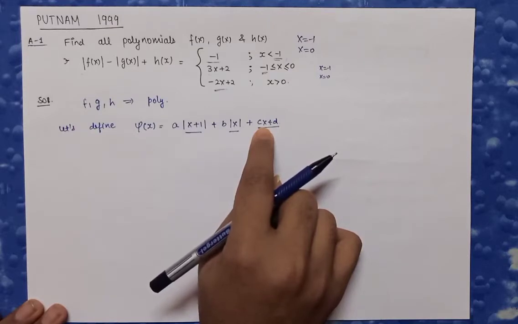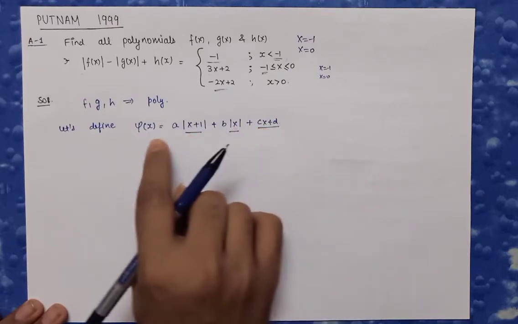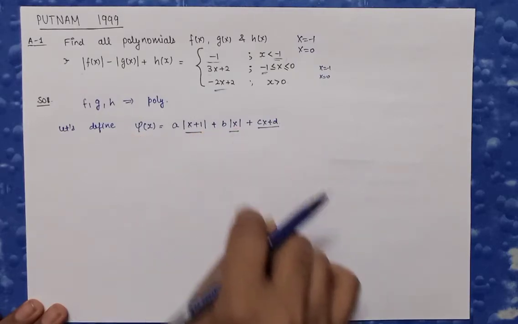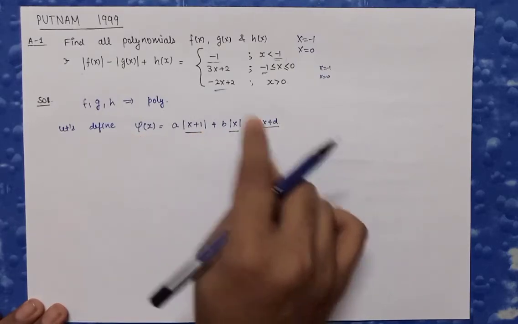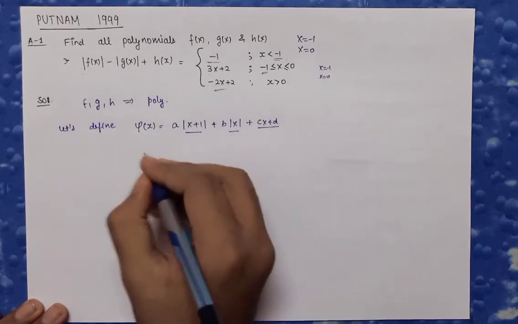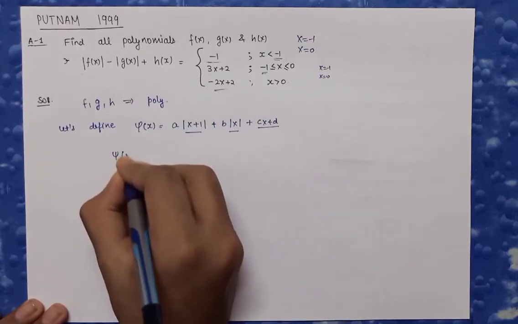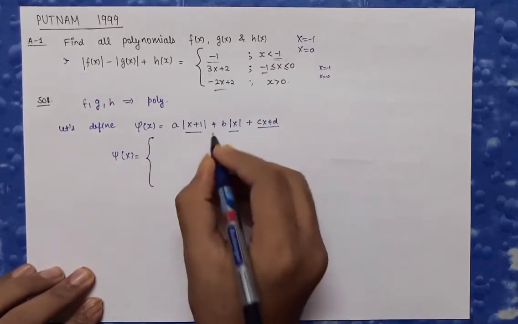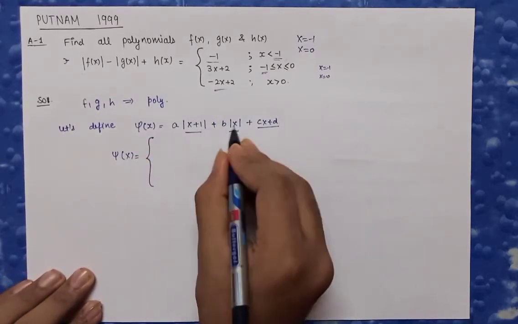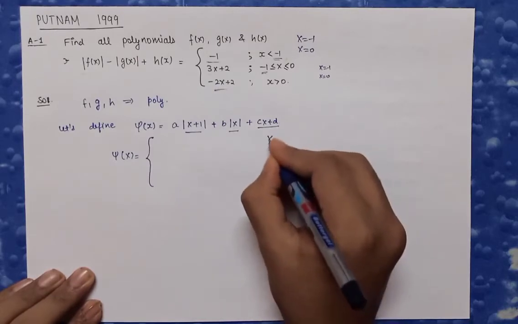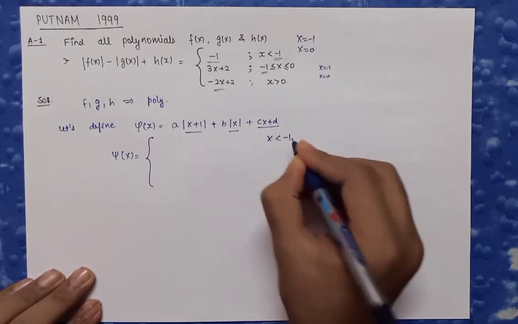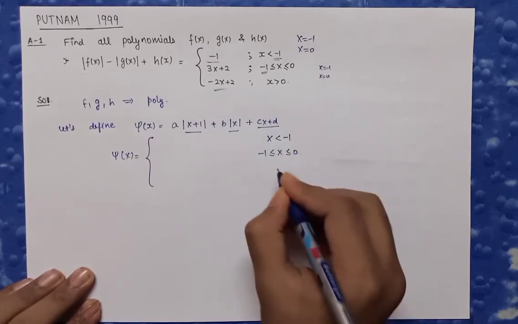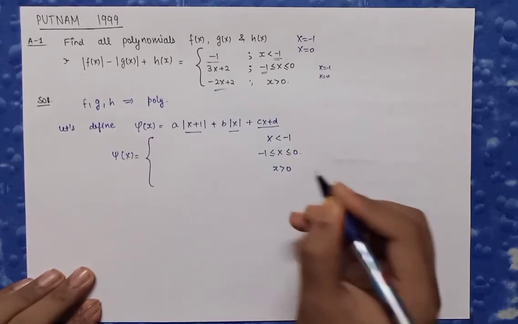So now what we have to do is simplify xi(x) in different intervals, and then we will compare with the given equation. We are going to get three intervals due to this. One will be x less than minus 1, another minus 1 less than or equal to x less than or equal to 0, and another x greater than 0.